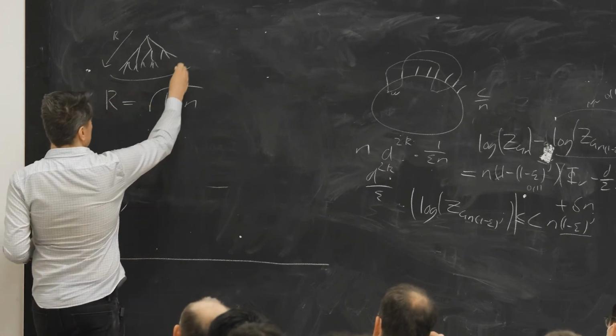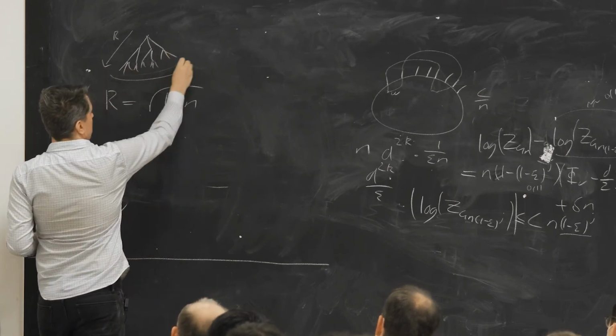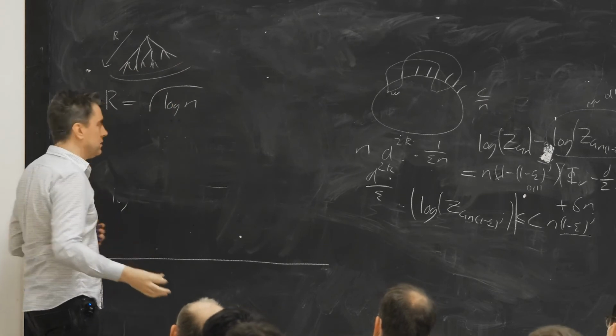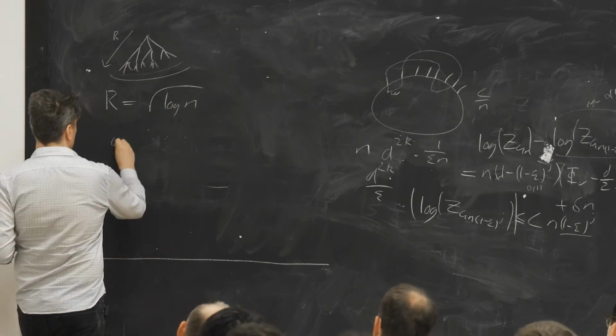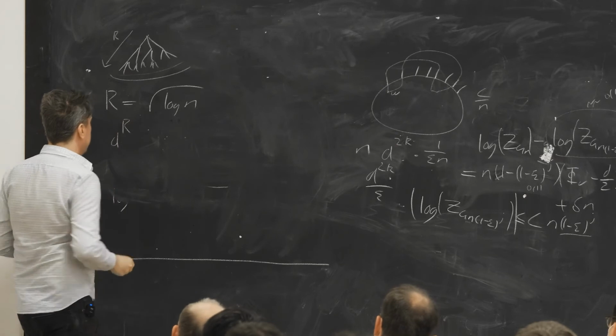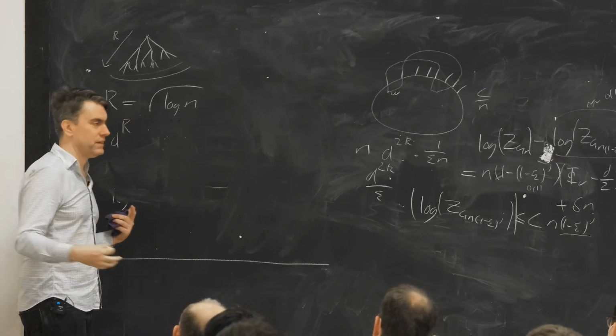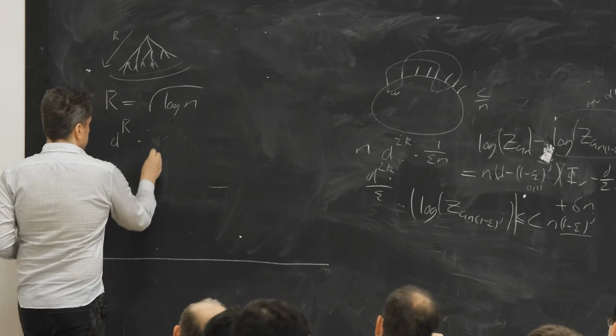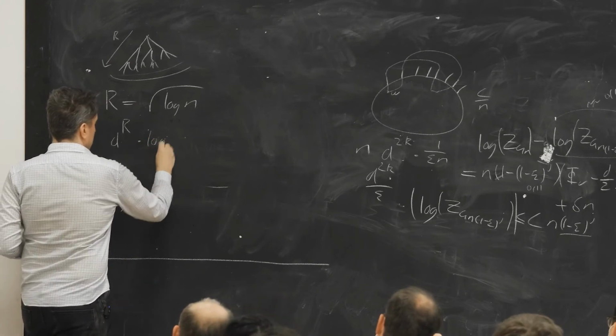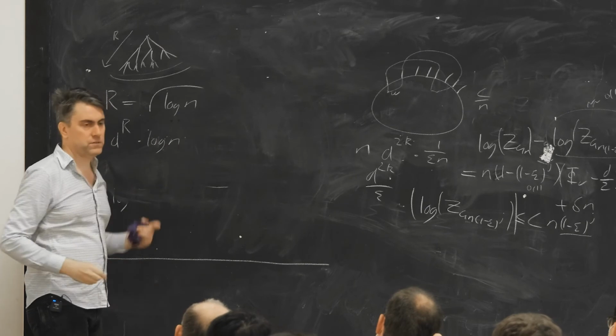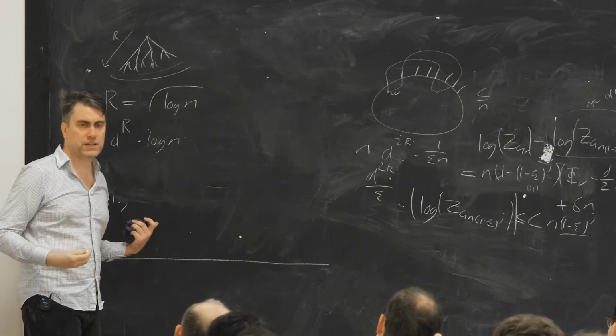You could ask, what is the size of the boundary here? Well, typically it will be like d to the R, but what's the maximum boundary size you could get there? Well, it will be at most an extra factor of log n. This is something that you can check.